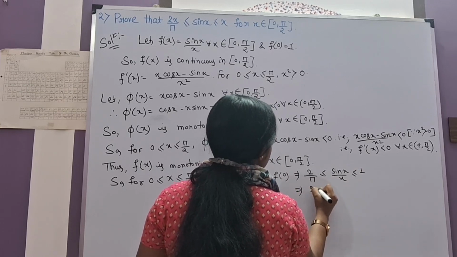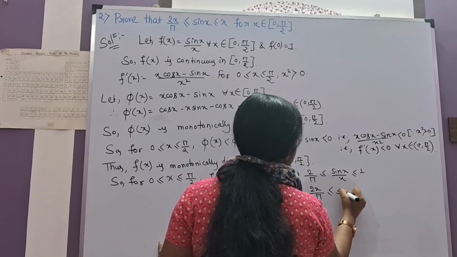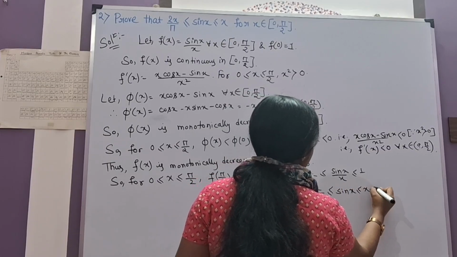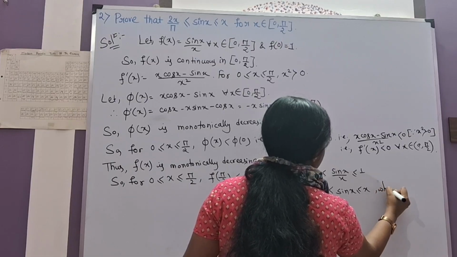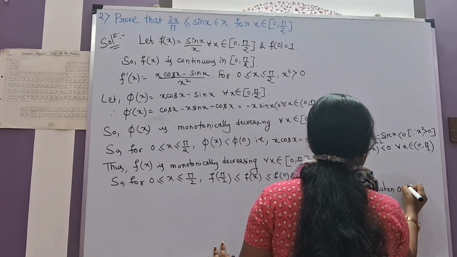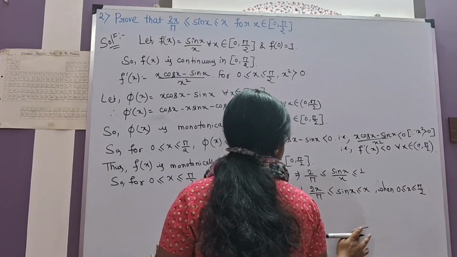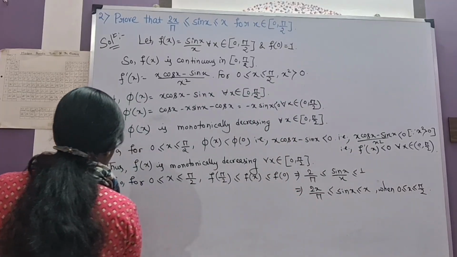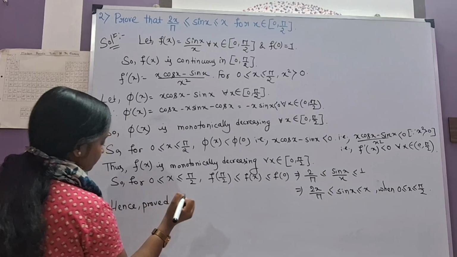This implies 2x by pi less or equal to sin x less or equal to x, when 0 less or equal to x less or equal to pi by 2. Hence, proved.